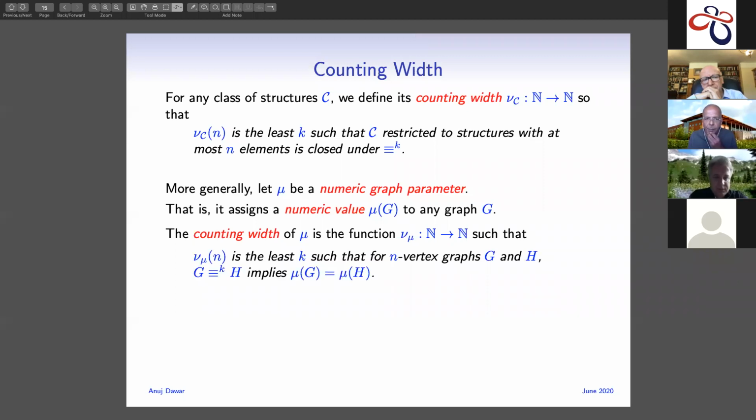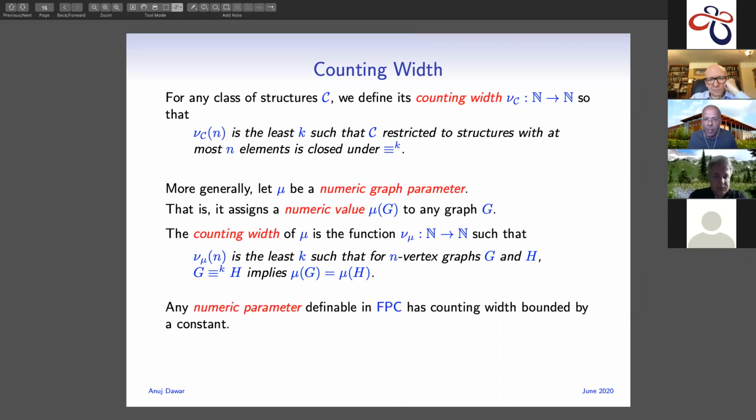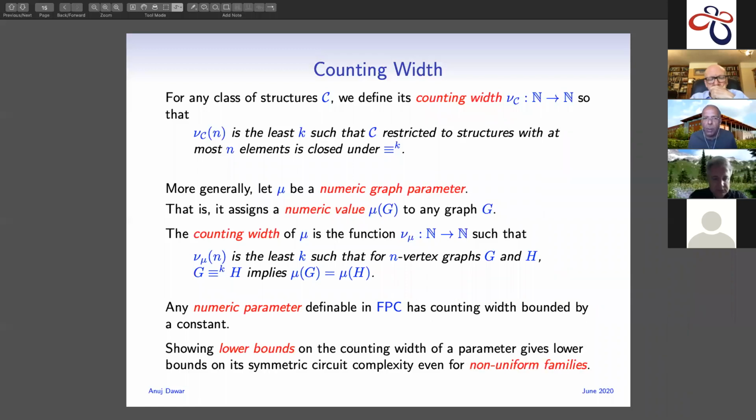Yeah, it's the smallest value of k such that when you have two n vertex graphs, them being k equivalent implies they have the same value for this particular parameter. So if you can define a numeric parameter in FPC, which in some sense means you can determine it by symmetric polynomial size circuits, then it has counting width bounded by a constant.